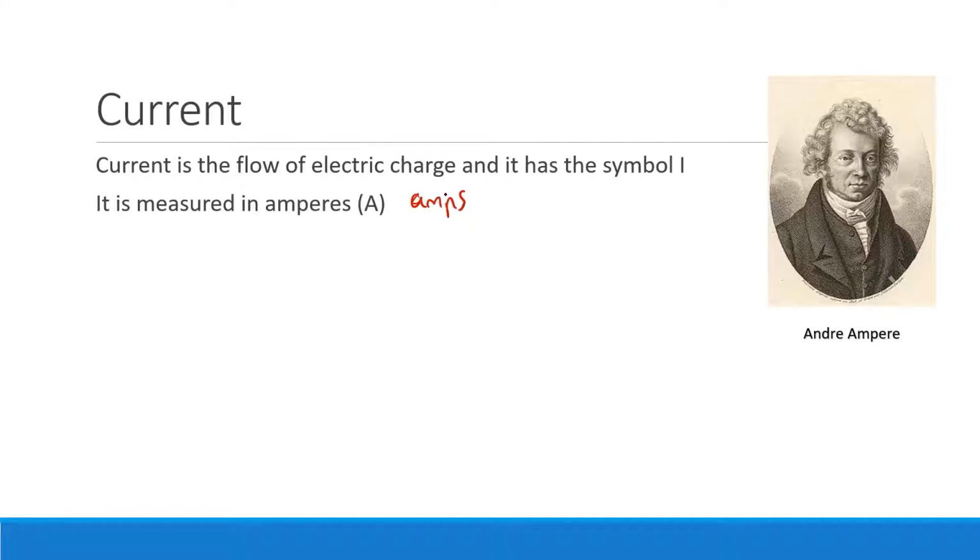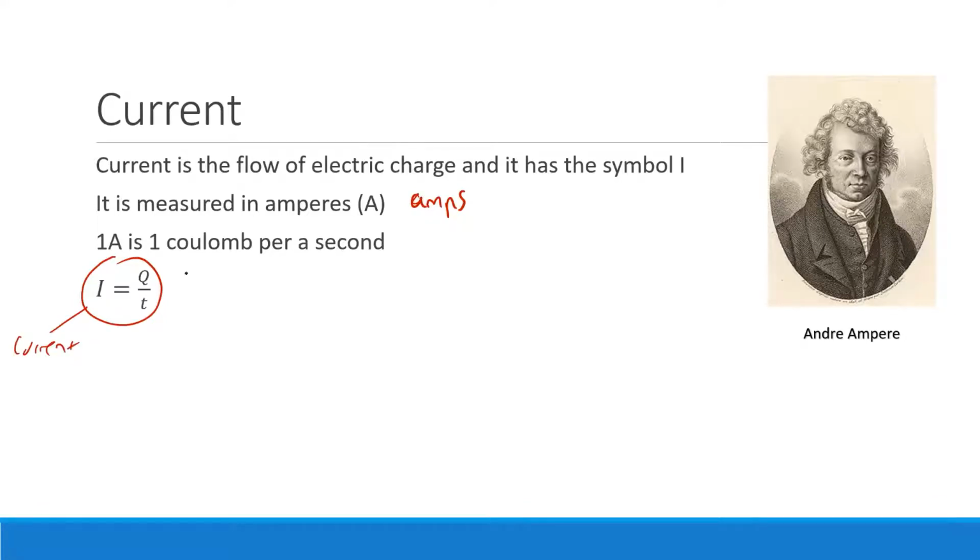And this is the formula that's probably really important: 1 amp is 1 coulomb per second. So essentially, current is equal to the charge divided by the time.